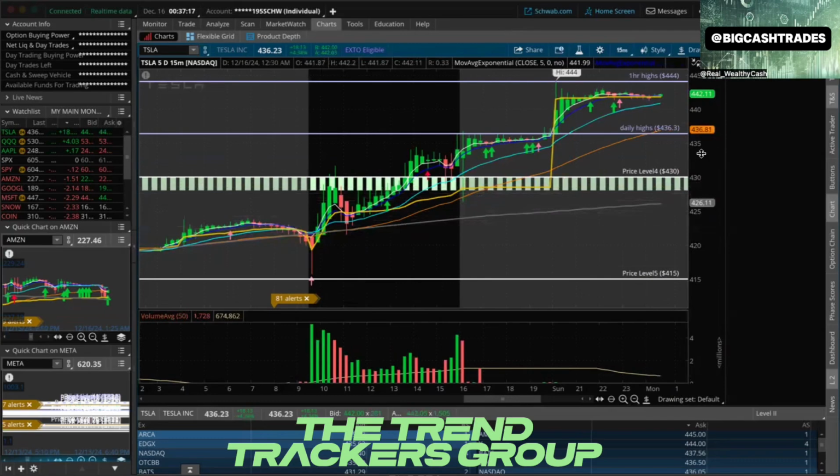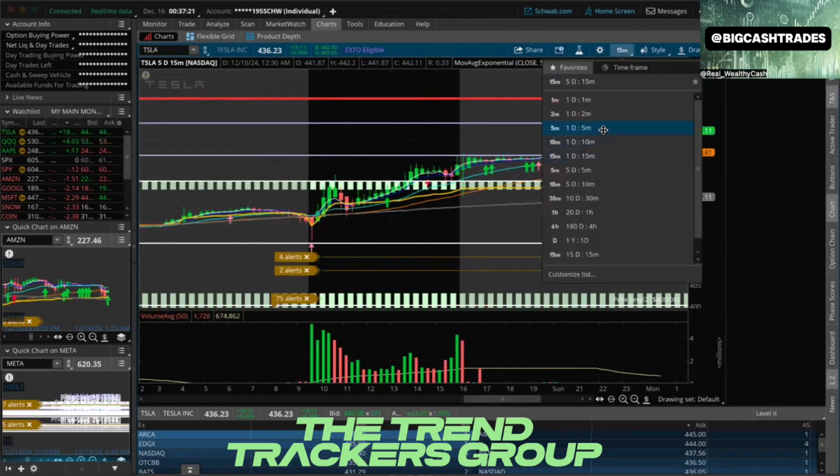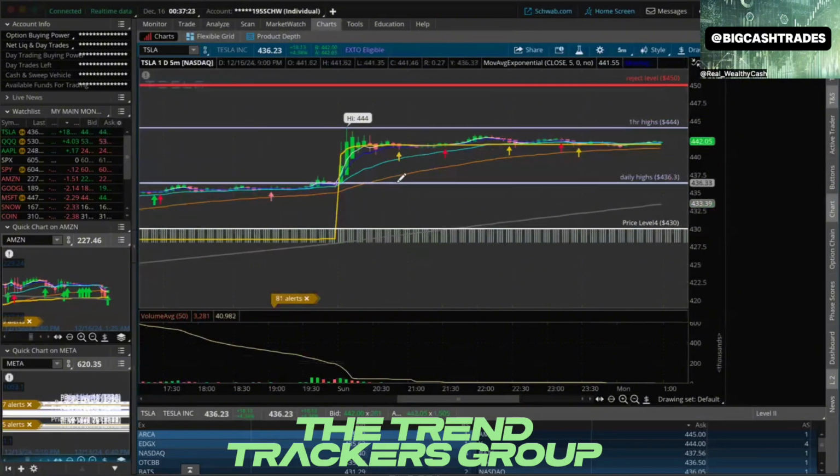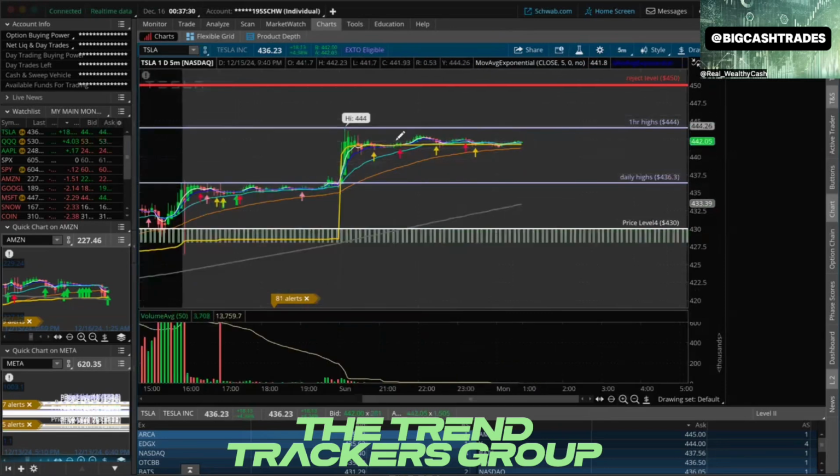So this is the latest right here. This is kind of like a V. It is consolidating right here. Anytime you see a stock consolidating at highs, it's either going to go up or it's going to go down.